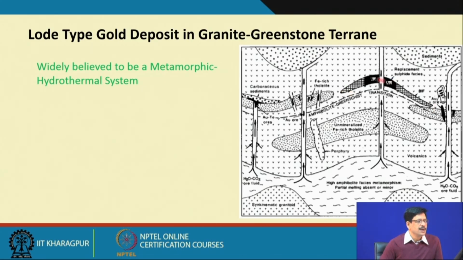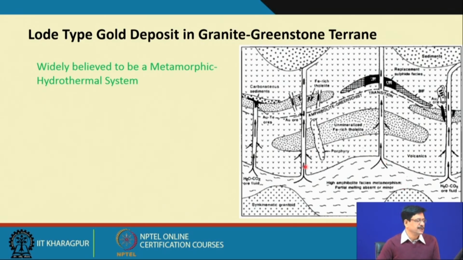This horizon is a chemogenic sediment which is a banded iron formation. The fluid could also encounter a horizon like this. There could be some carbonaceous sediments which will have a reducing environment, and the fluid might also get ponded within that kind of a horizon here.